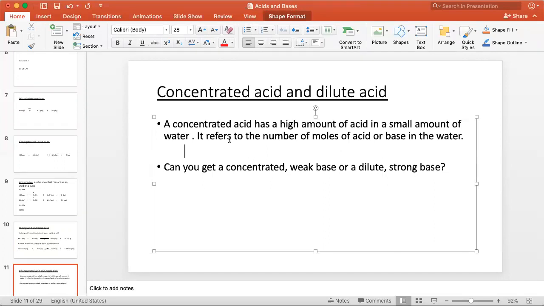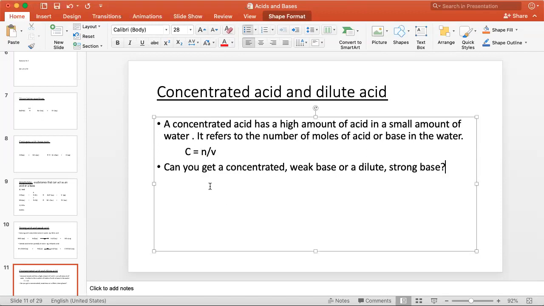Concentration is equal to number of moles over volume, right? Number of moles over volume. So if you have a high number of moles in a certain volume, then you have a concentrated acid. If you have a low number of moles in a specific volume, then it will be a dilute acid.